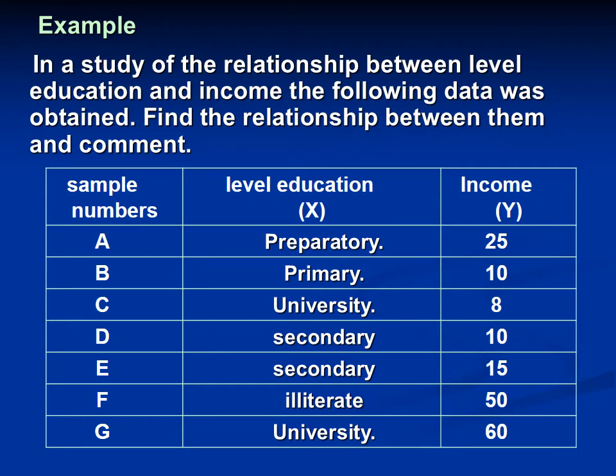So when you look at level of education, this is ordinally ranked, or these are ordinal variables: preparatory, primary, university, secondary, illiterate. I mean, these are ordinal variables. And then you see income is a quantitative variable. So you assign ranks to each and every one of these by arranging them, and then later on you find the difference.